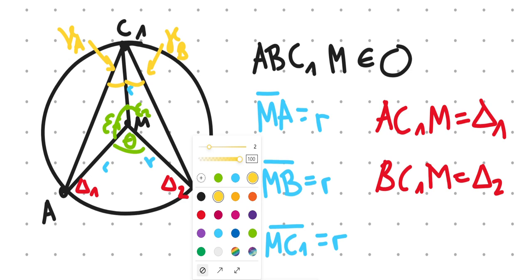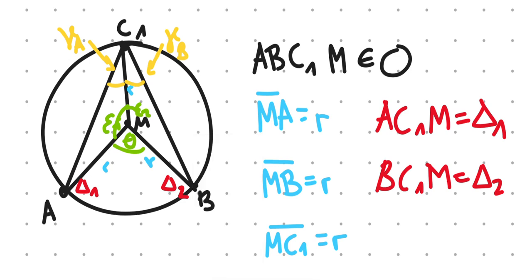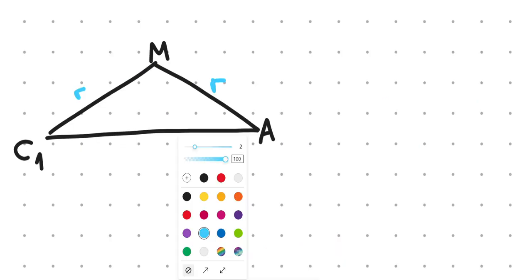But since we have a triangle which has the same sides R and R, as you see here, I'm going to draw the same triangle on the bottom. Since we have two same sides, the angles over here, which are also called the base angles, are going to be the same.